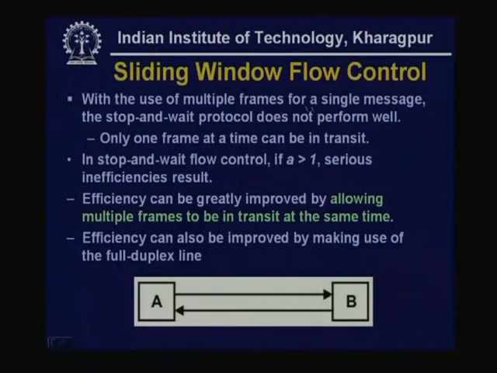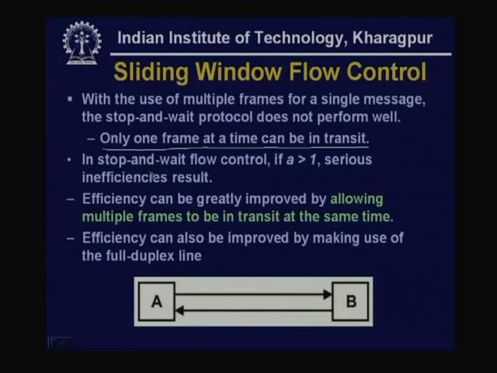So, in such a case the stop and wait flow control will not be efficient. When multiple frames are used for a single message, which is the normal scenario, stop and wait flow protocol does not perform well, as you have seen. The main reason is that only one frame at a time can be in transit, and that is overcome in sliding window protocol, as we shall see.